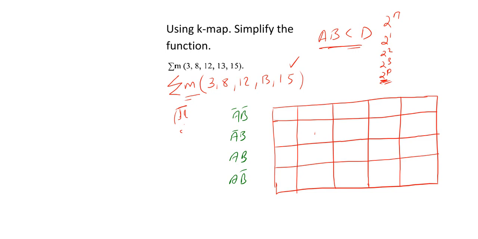Then here we shall have C and D both negated, then not C and D, then C and D, and C and not D. Here our columns are appearing to be more, so we shall reduce this, and this will now be a 16 square K-map, where we have 4 times 4, that is 16. So we label like that.